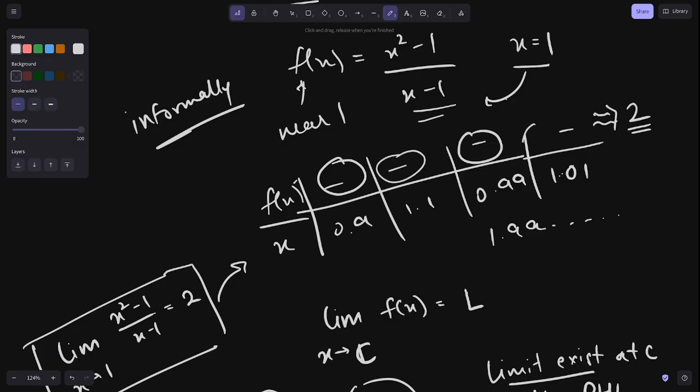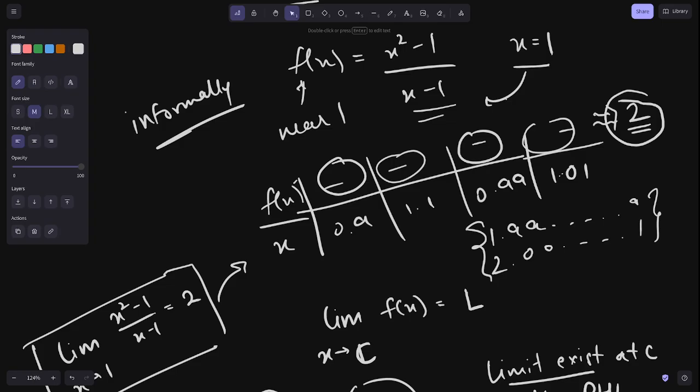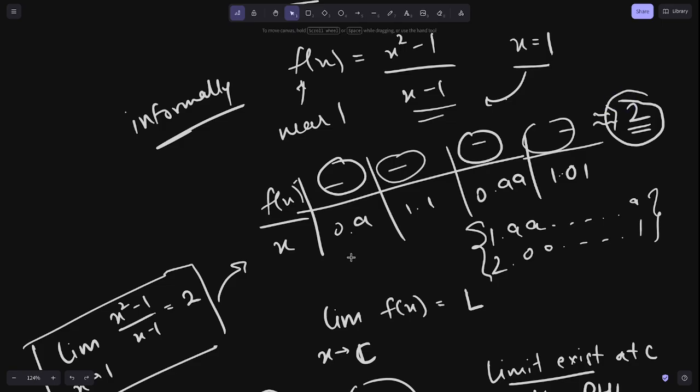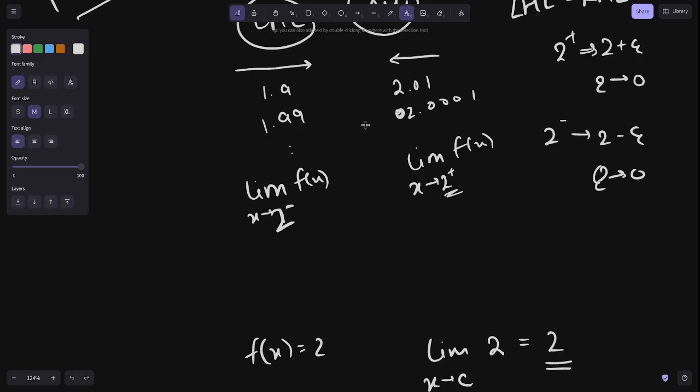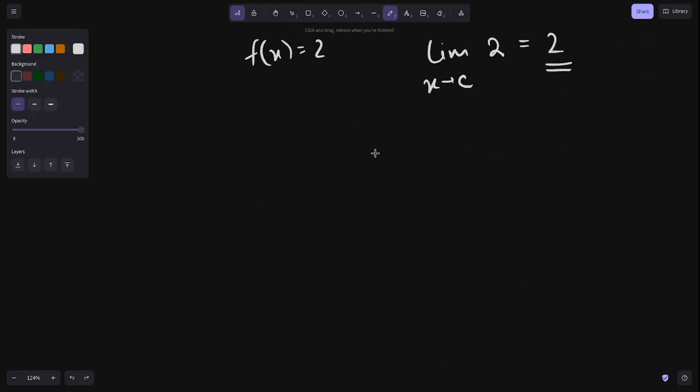The RHL value was coming out to be 2.000001, which is very close. So LHL is equal to RHL. That's why we can call this correct. So the limit in that case existed.